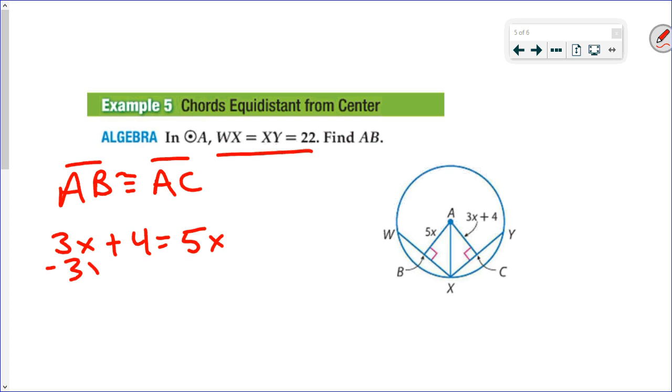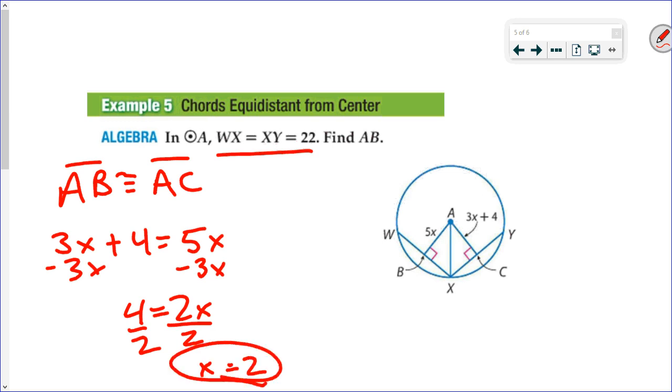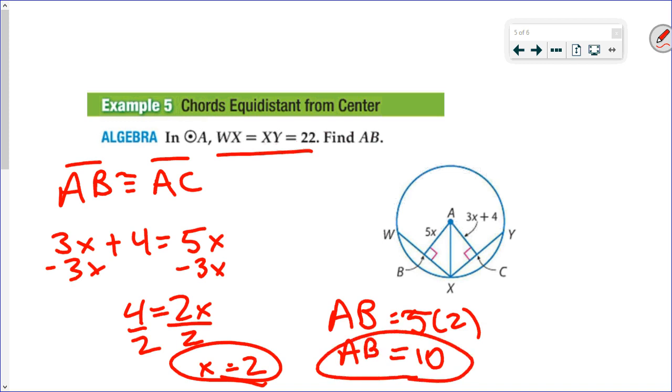Solving for x, we get that x is equal to 2. And so to find AB, we just plug in 5 times x, which is 2. We get that AB is 10.